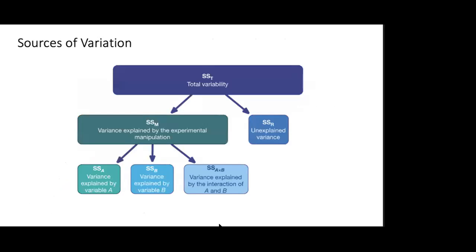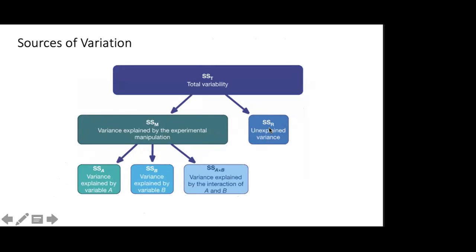In terms of the sources of variation, it is more or less the same as for one-way ANOVA. What we are trying to do is divide the total variability in our dependent variable into the two chunks that you're already familiar with. The first chunk is the variance that can be explained by our experimental manipulation, our model sum of squares, or model variability.